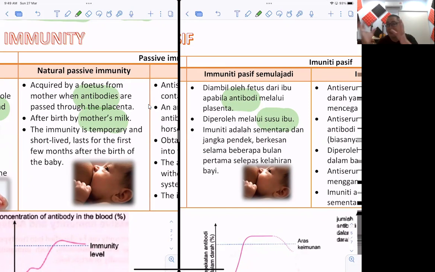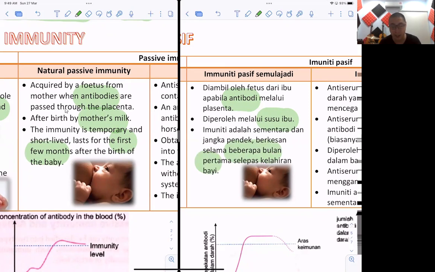So we look at passive immunity like a shield. As long as you drink the milk, not now of course, when you are still a baby, then this thing is very, very powerful. It can last for a few months after birth. So berkesan untuk beberapa bulan pertama.